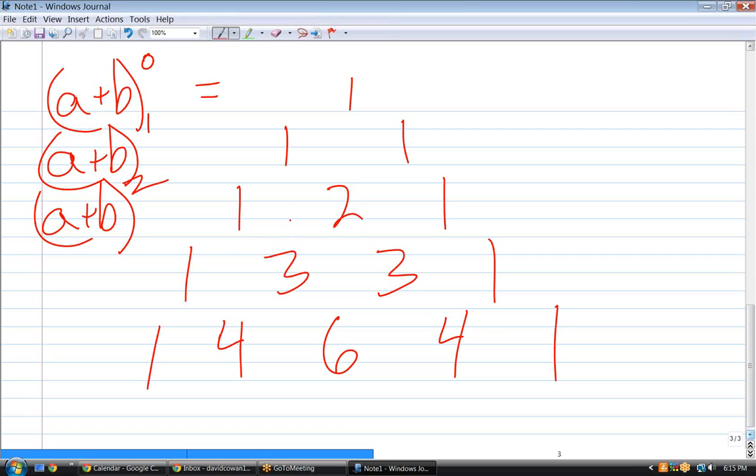Now, it turns out that those coefficients are also equal to, in the first case, n choose 0. So this one, let me write as n like that. The second coefficient is, hold on a second, make sure I'm doing this right.